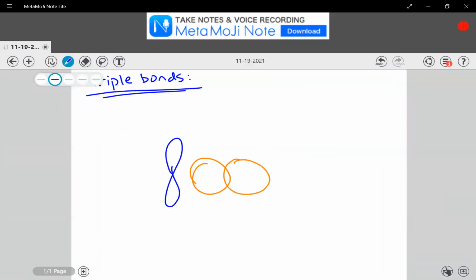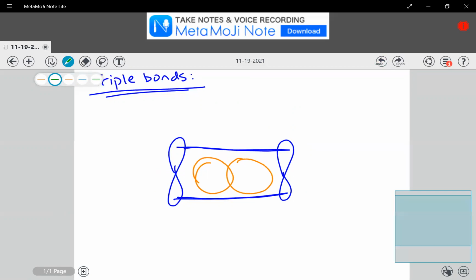Then we've got our p orbitals here, forming their pi bonds. And then we've got, let's change that color, 2 more p orbitals, okay? Forming one more pi bond, aside from this one. But this time they're kind of facing outside of the page.